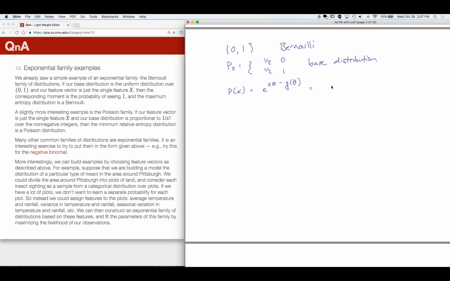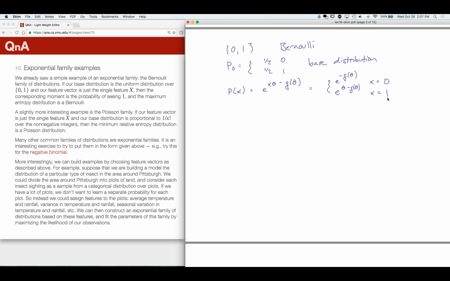So that's equal to e to the minus g of theta if x is equal to 0, and that's equal to e to the theta minus g of theta if x is equal to 1, right?